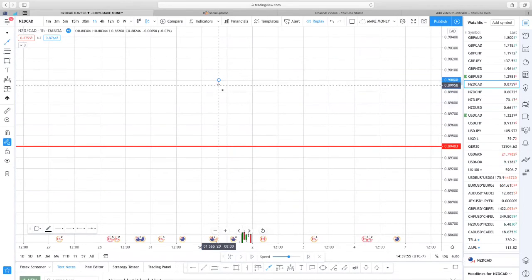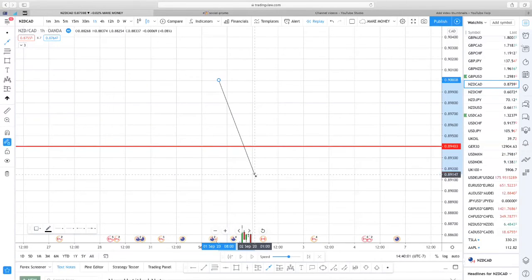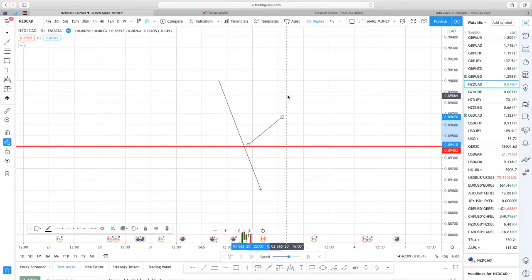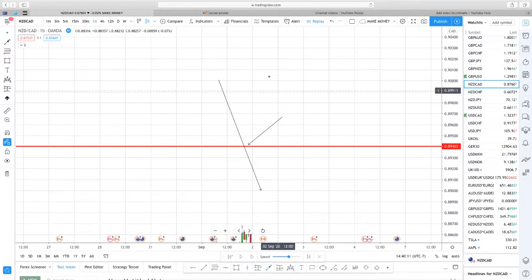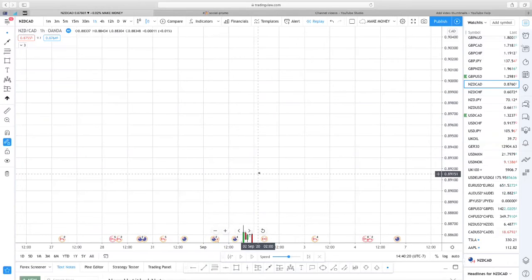So as price is coming down, you're expecting price to keep coming down through this entry point. As soon as price comes down through here, you will be entered into the trade right here. Pretty easy stuff. So let's go ahead and get to the chart, and we will illustrate that with the candlesticks.